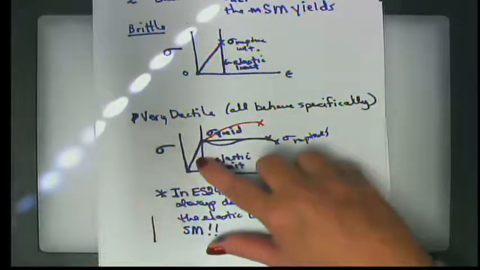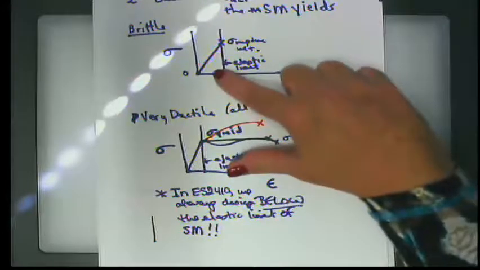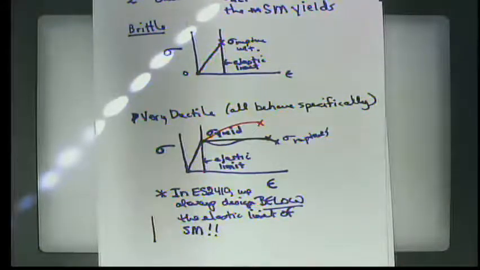Okay? This is where you know how your material is going to behave, whatever it is. Okay? So generally speaking, we want to make sure that we stay below that.